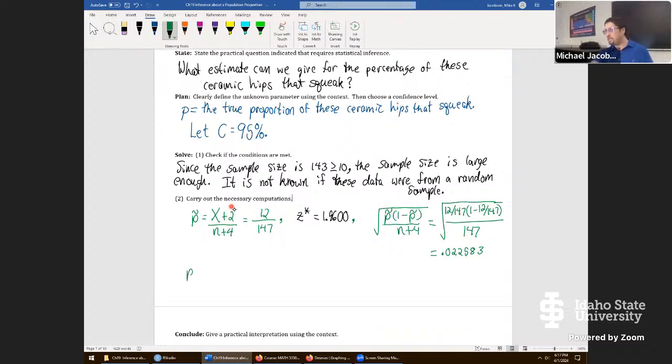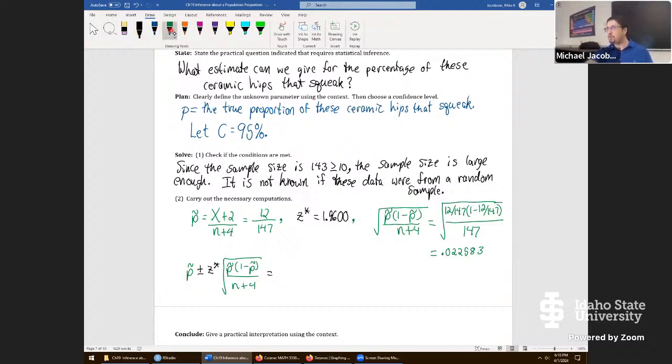We'll put p tilde, add or subtract, z star, multiplied by, I won't call it a standard error again, this formula, square root of p tilde times 1 minus p tilde over n plus 4.